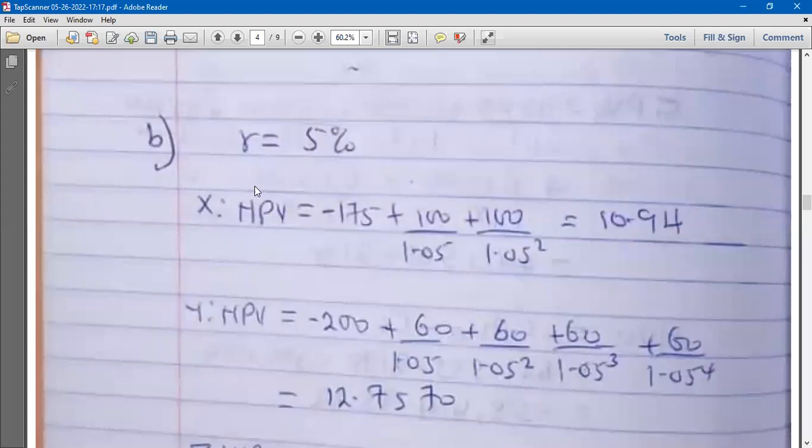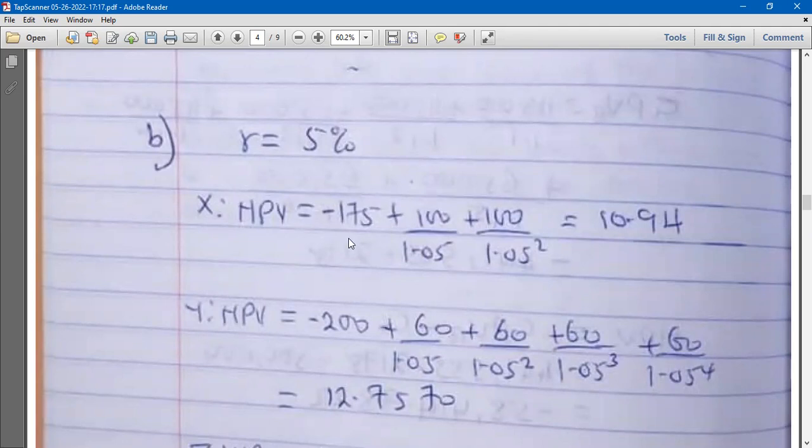Let's find the MPV. Here, we've just been given the stream of benefit and then cost. We don't actually know if they've already subtracted their cost and all that, but these are just the values that we were given. So those are the ones that we just have to discount.